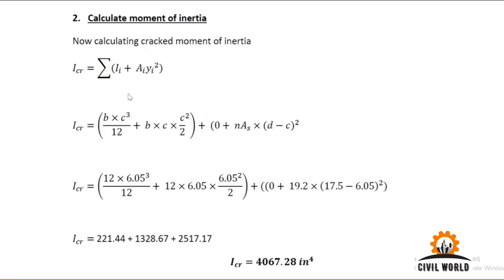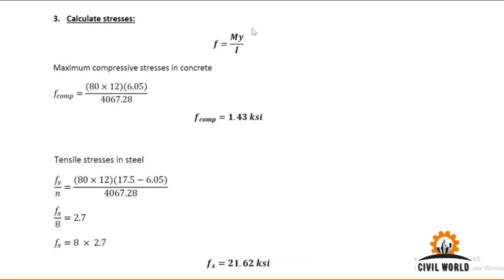But before going to the flexure formula, which is given by My over I, you already have a value for the applied moment, which is given. You have the location of the neutral axis, so you can calculate y, which is the distance of any point from the neutral axis at the point at which you want to calculate your stresses.